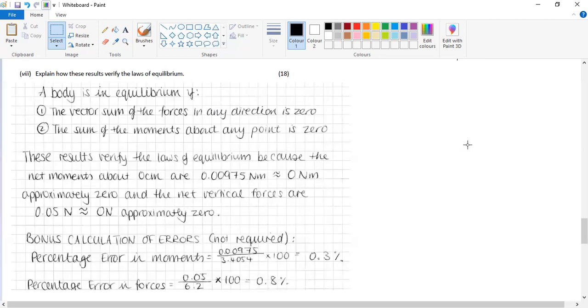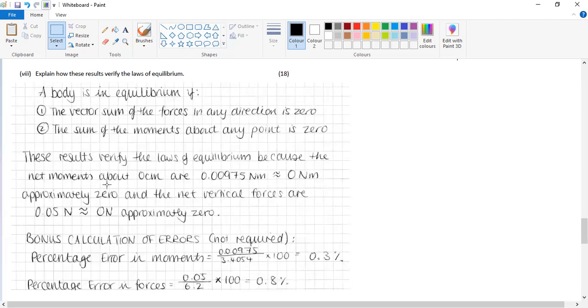Now explain how my results in my experiment, or our students' results, verify those laws. So these results verify the laws of equilibrium because the net moments about the 0 centimeter point, it could be any point, are 0.0975 newton meters, and this squiggly equals means approximately equal to 0 newton meters.